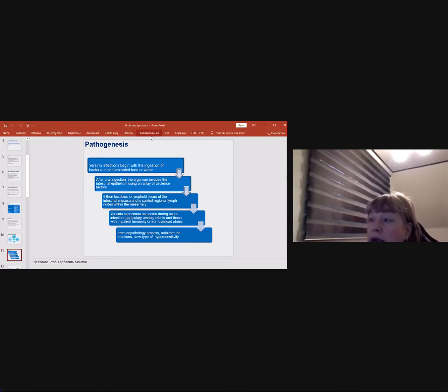But doctors, the patient may have the abdominal form of disease, and it is connected with inflammation in lymphoid tissues of the abdominal cavity, yes. But after this, the patient may recover.